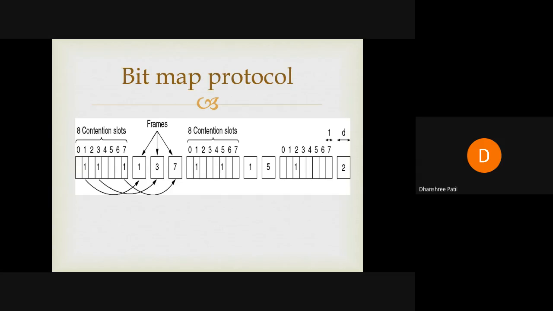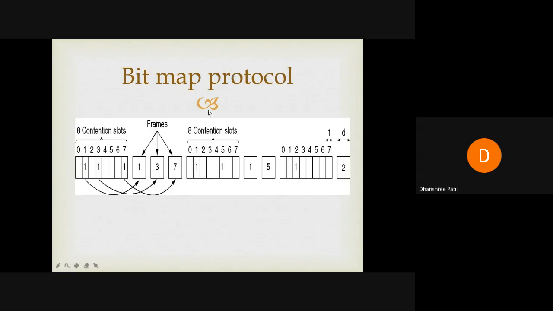So to avoid this, we need protocols which can avoid collision during the contention period too. What is this contention period? It is where the medium is free and the frames can be sent. Such a period is called a contention period, right?